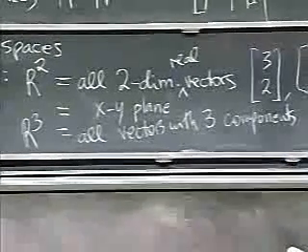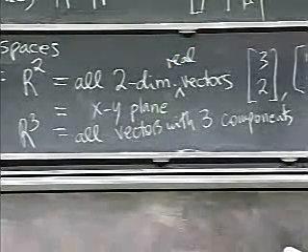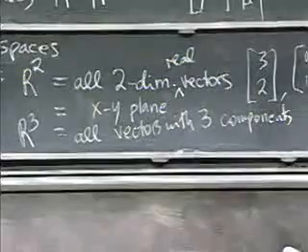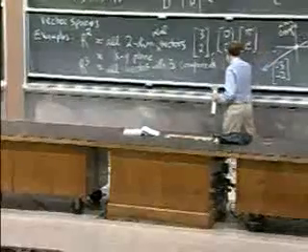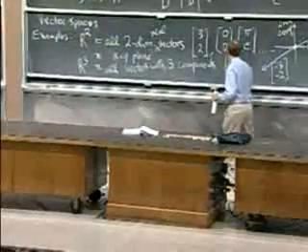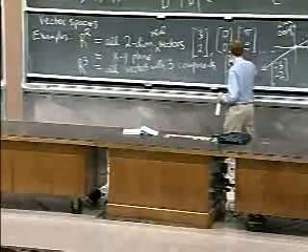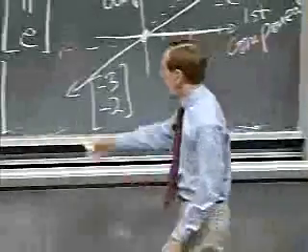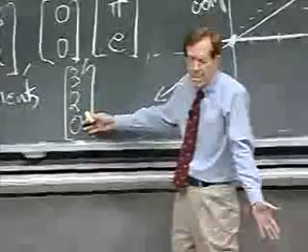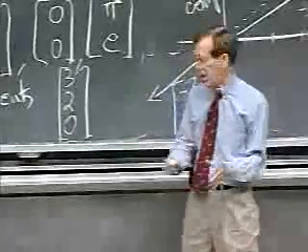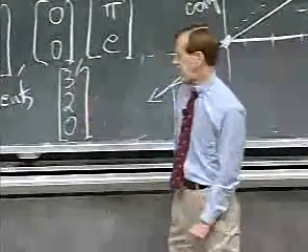Let me, just to be sure we're together, take the vector (3, 2, 0). Is that a vector in R2 or R3? Definitely it's in R3. It's got 3 components. One of them happens to be 0, but that's a perfectly okay number. So that's a vector in R3.